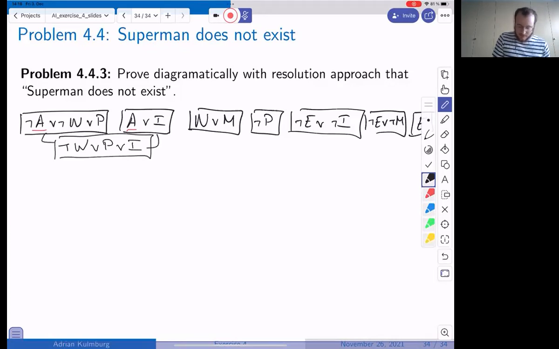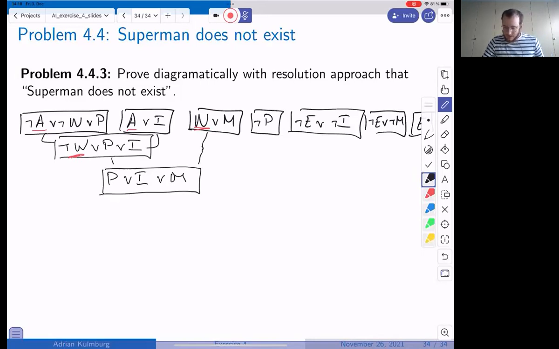Now we can do the same again with this clause and this clause, because we have here a W and a not W. So what remains is the P or I or M. Then we can do again the same thing with this not P and this P. What remains is I or M.